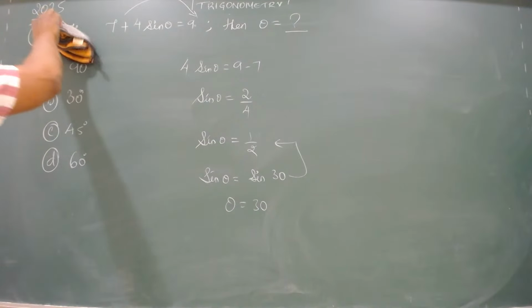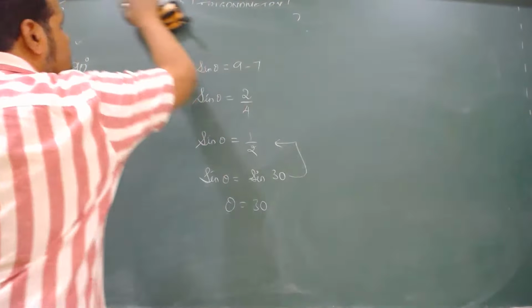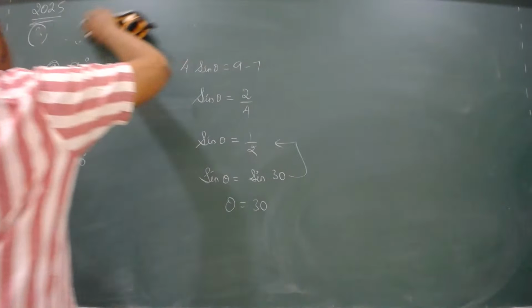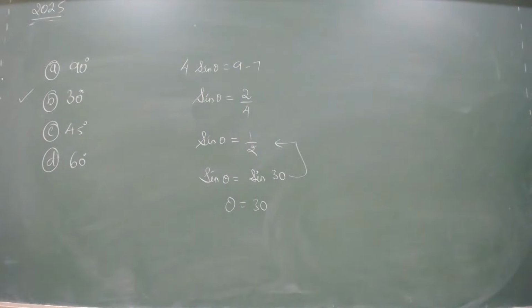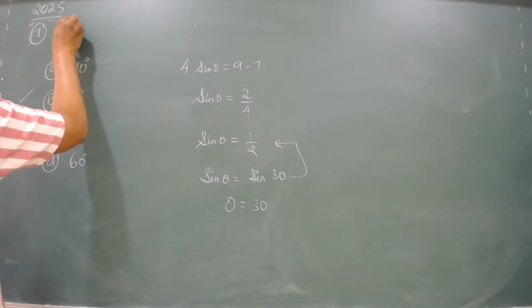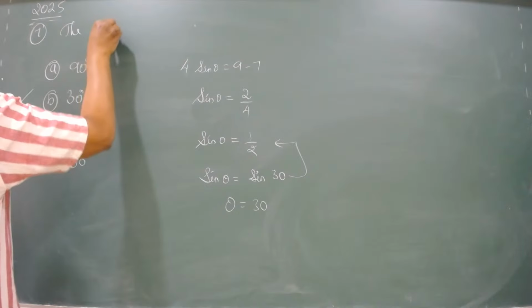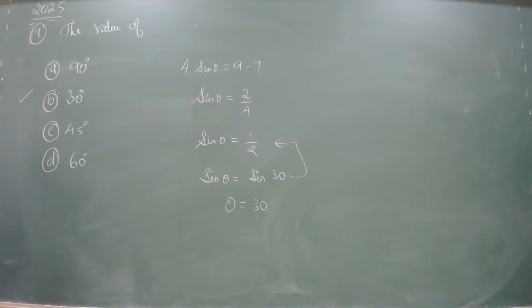We proceed with the next question. Question number 7. Let me read it. A question which is based on the value identities.